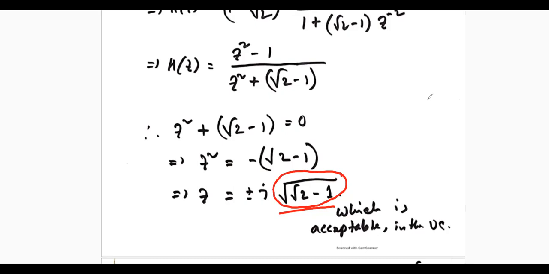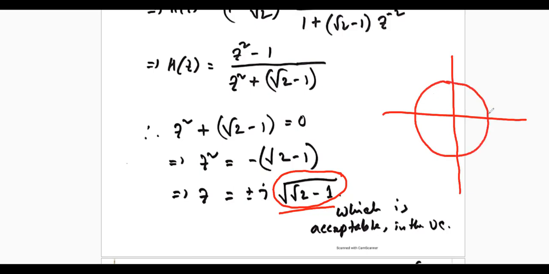If you have the pole outside the unit circle... this is the unit circle, these are the zeros. Where are the poles now? They are in the imaginary plane, since this j means imaginary. So one pole should be here and the other there, because they are complex conjugates.